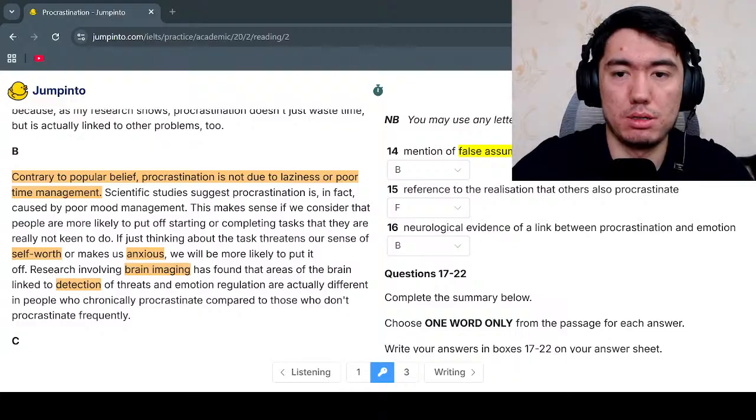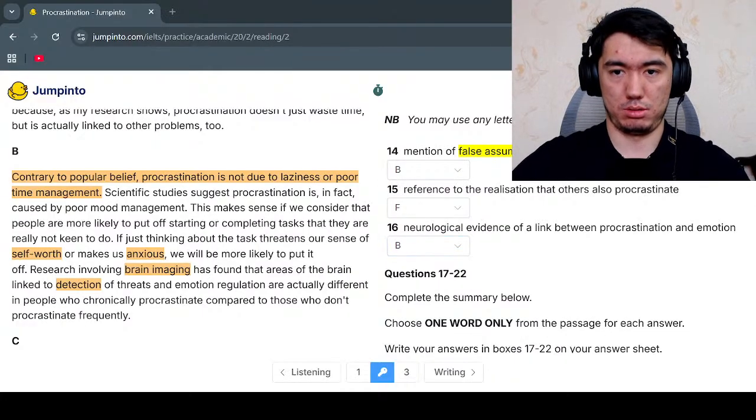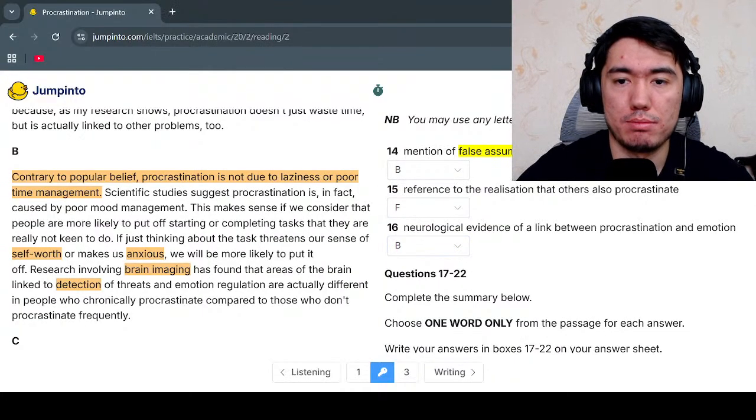Back. This is my home setup, by the way.